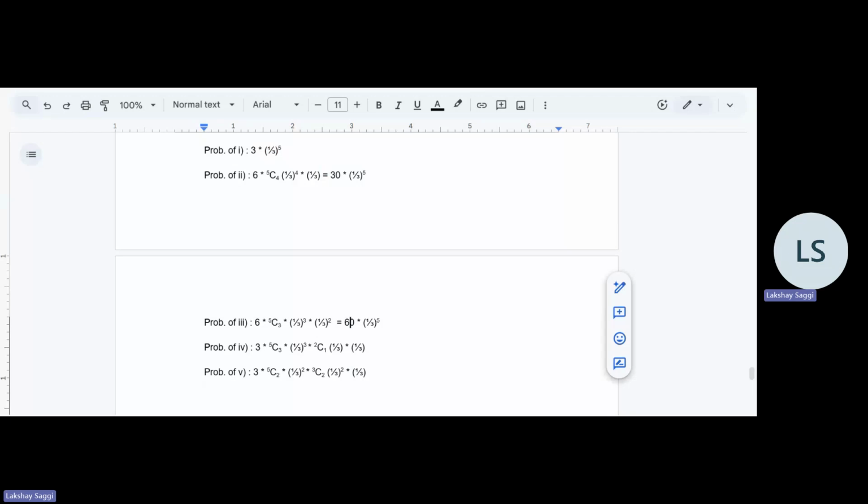And here, 5 choose 3 is again the same as 5 choose 2, 5 times 4 divided by 2, which is 10. So this is 30 times 2, which is again 60. And what is this equal to?